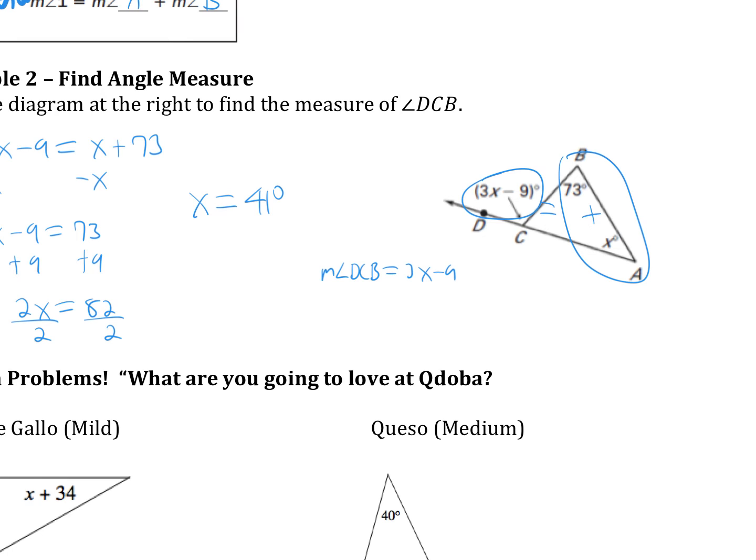So we're going to plug that 41 in: 3 times 41 minus 9. 3 times 41 is 123, minus 9. So the measure of angle DCB is going to equal 114 degrees. That's the measure of that exterior angle right there, okay?